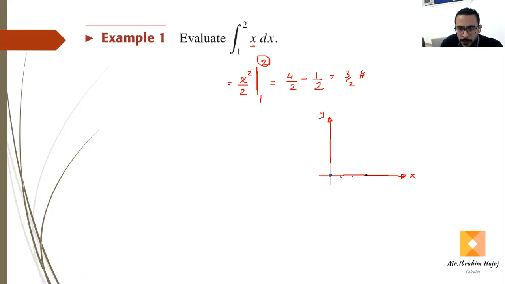We have 1, 2, 3, 4, and 5 on each axis. At 0, 0, we have 1 and 1, 2 and 2, 3 and 3, 4 and 4. When you connect these points, not like this, that's not accurate. When we connect the points, this point should be up here.